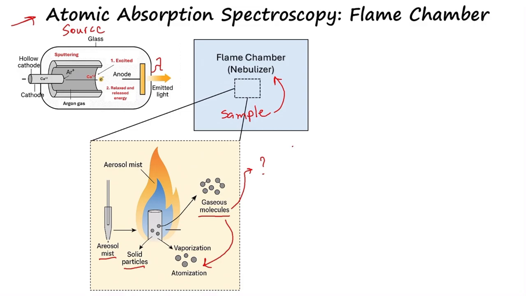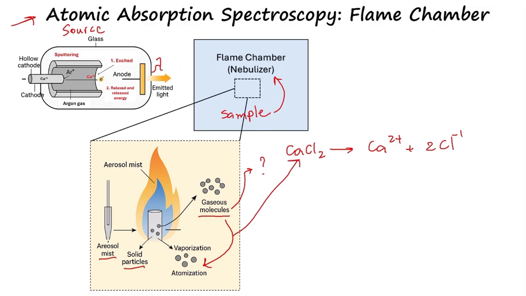For example, if your sample contains calcium chloride, the flame temperature is high enough to split it into free calcium atoms and free chlorine atoms. At this point, the goal is to create a stable population of neutral ground state atoms. So we split that into two free atoms, the calcium and chlorine atoms.